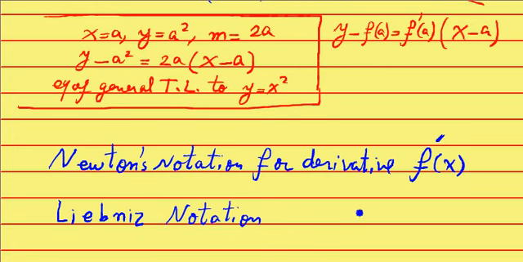For the time being, we are going to write it as df dx. So that's how it's going to be read. df over dx. Sometimes is written as d dx of f.